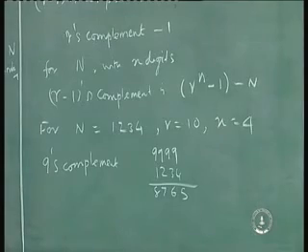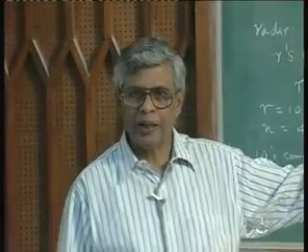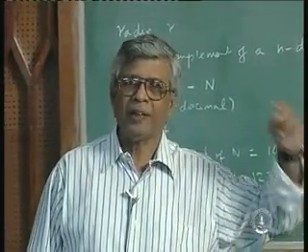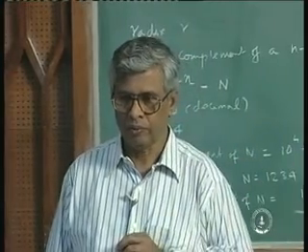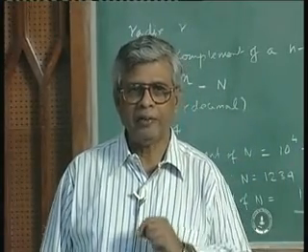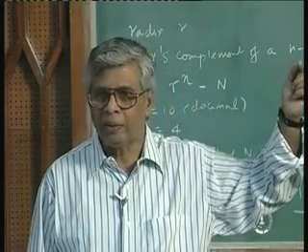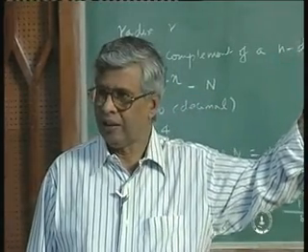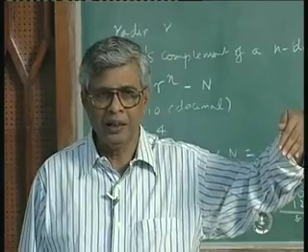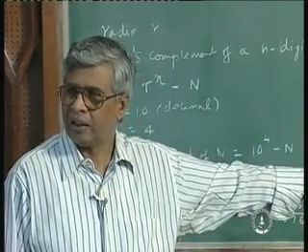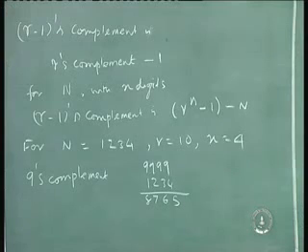Since I subtracted from r power n minus 1 for r minus 1's complement, and for r's complement I subtracted the given number from r power n, that extra 1 in my total from which I subtracted shows up here as one less than the r's complement.